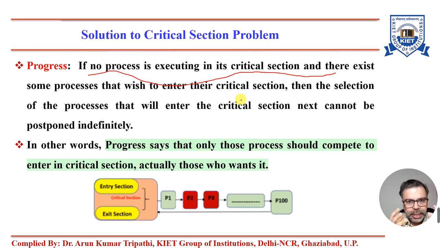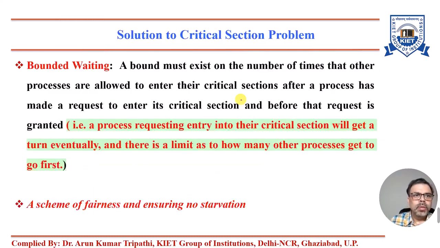So round robin is not an optimal solution. This may be a solution if all processes want to enter into the critical section. So progress must be there: if some process wants to enter into the critical section and there is no process in the critical section, any one of the processes that want to enter should be allowed.